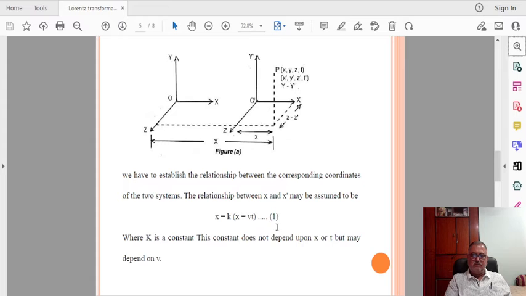This is equation number 1. Where k is a constant, this constant does not depend upon x or t, but it may depend on v.